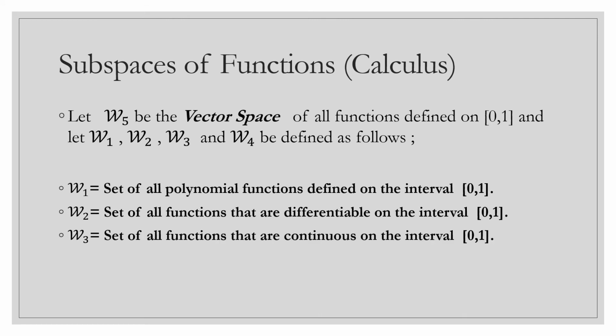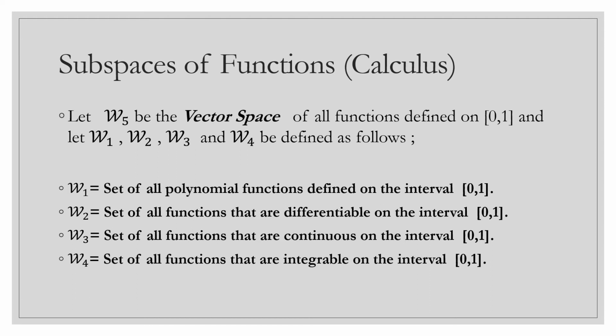W3 is the set of all functions that are continuous on the interval 0, 1. And W4 is the set of all functions integrable on 0, 1. We can easily show that W1 is a subset of W5. In fact, we can show that W1 is a subset of W2, W2 is a subset of W3, W3 is a subset of W4, and W4 is a subset of W5.